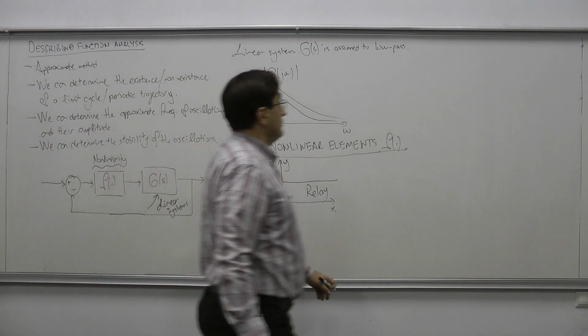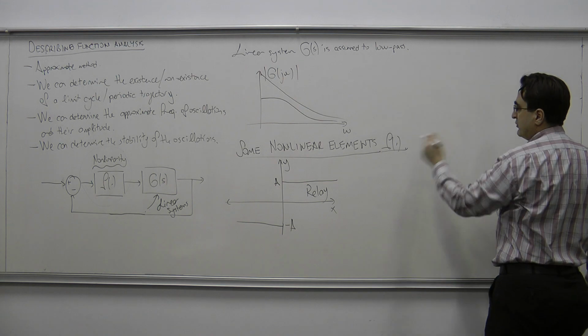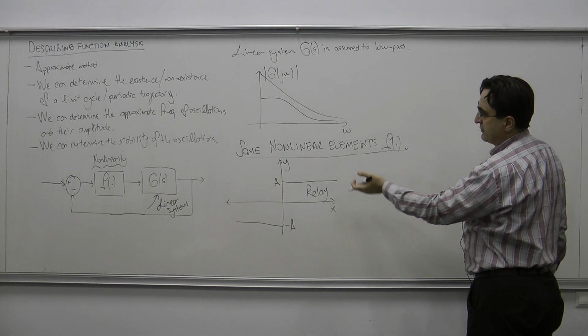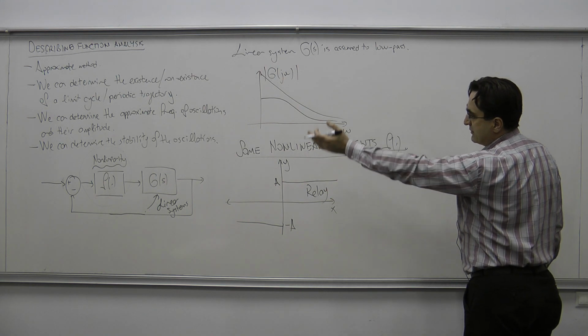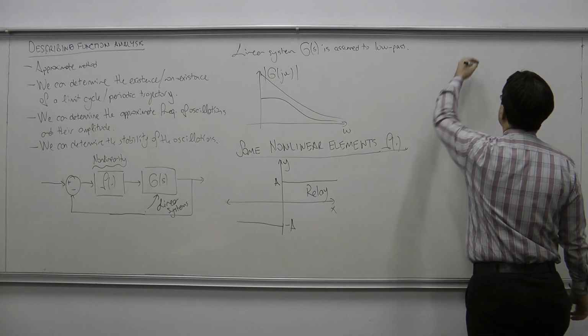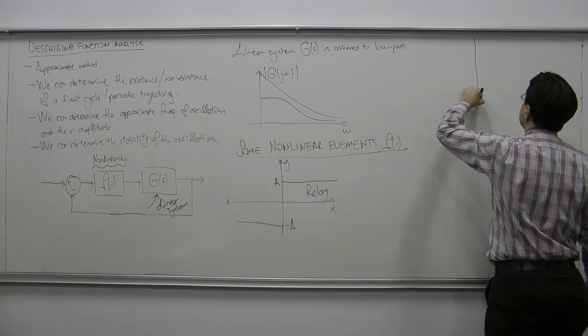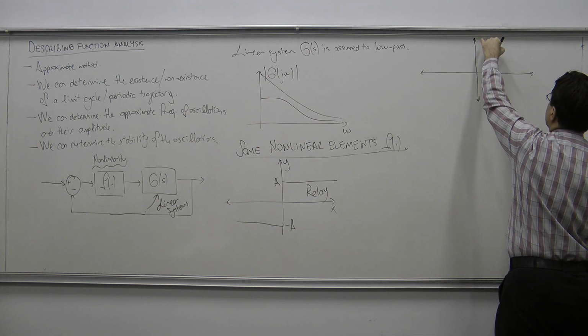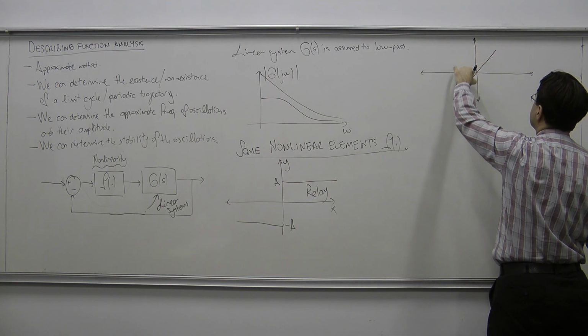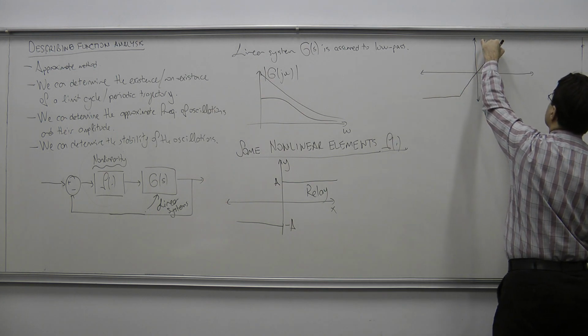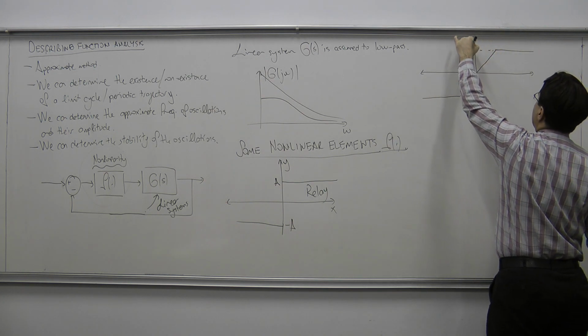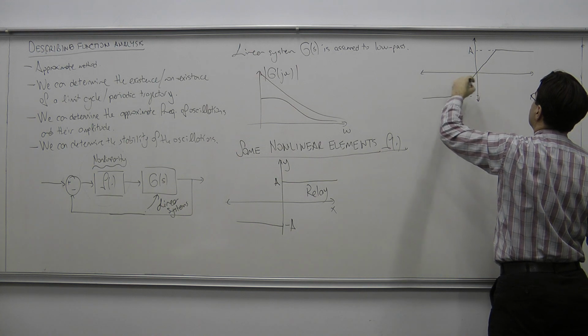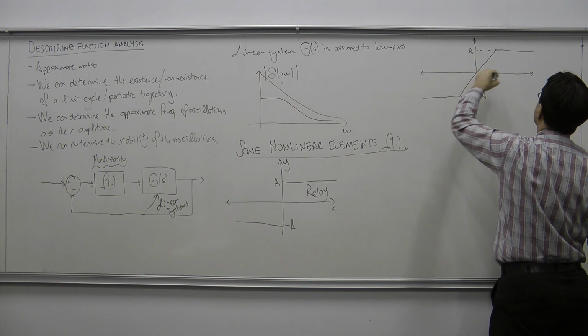The second type of nonlinearity that we can consider, these are just some types of nonlinearities that we can consider. Of course, the method is not constrained to these types. We can consider any type of nonlinearity. These are just some examples. The second type is the so-called saturation type of element. Okay? And we have this type of figure for that.